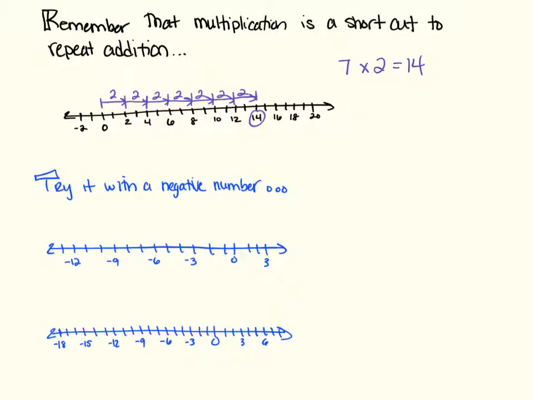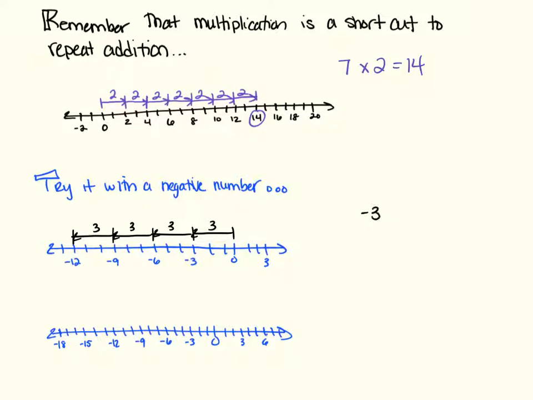Let's go down to the negative part. Let's go and represent 3, but this is a negative 3 since it's going left, okay?